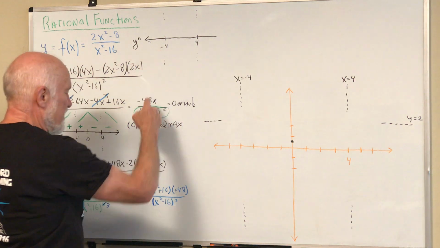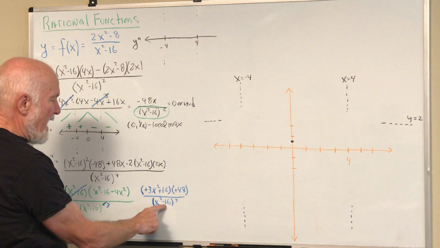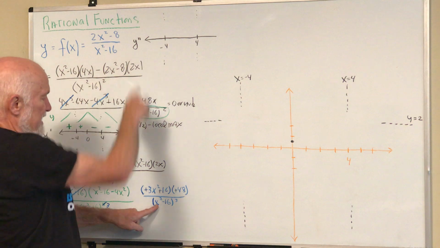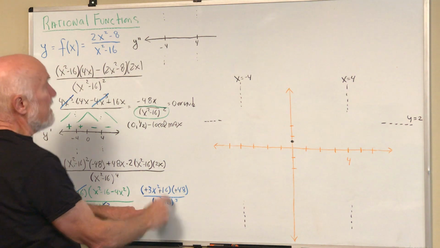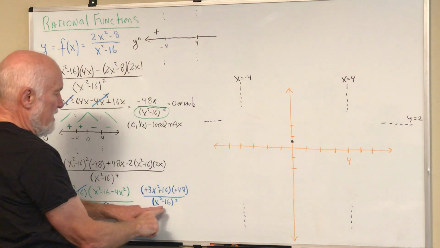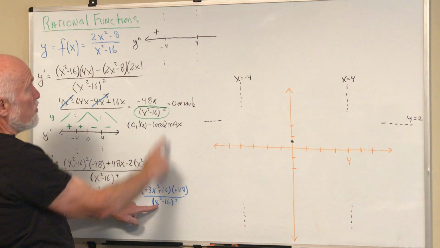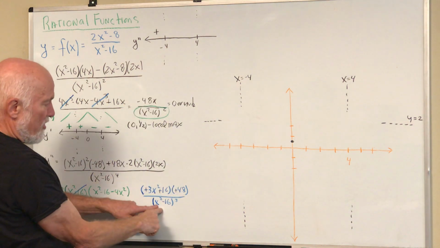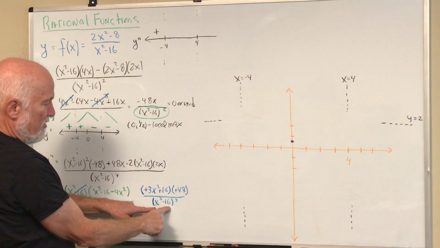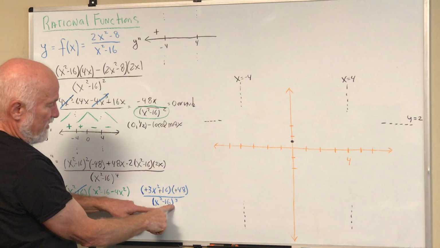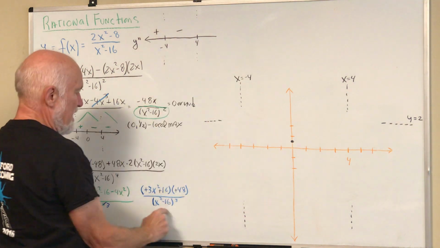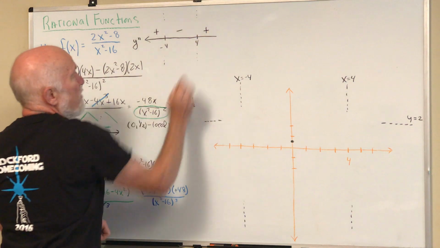Since the numerator is always positive, if I pick a really big negative number and put it in here, I get positive. If I pick a number between -4 and 4, like 0, the denominator is going to be negative, because you have a negative number cubed, and to the right, it's positive.